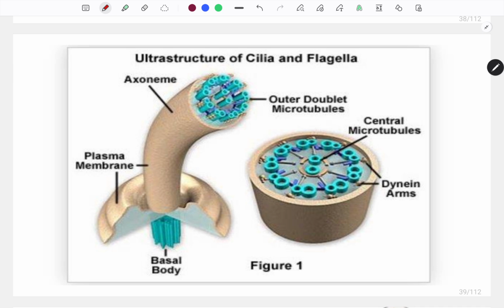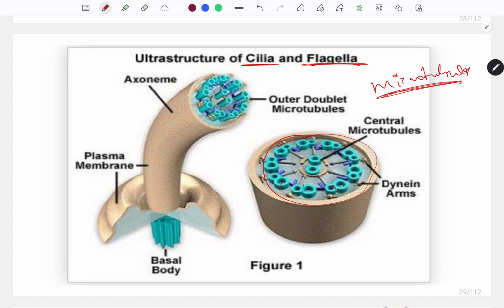In eukaryotic cells, the locomotory organ may sometimes be cilia or flagella. It is made up of microtubules, and these microtubules are arranged in a 9+2 manner.